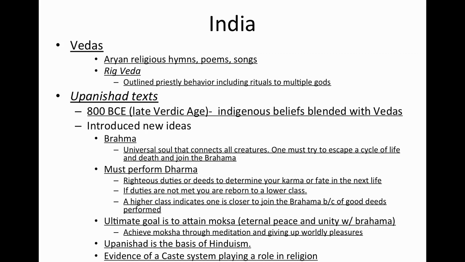The Upanishad texts combine the Vedas with local indigenous beliefs, and it's out of the Upanishad text that we have the early examples of Hinduism, right? The idea of Brahma, that the whole point is to do your duty, perform your dharma, and to escape that cycle of life, right? And eventually join the Brahma, or attain the moksha or eternal peace.